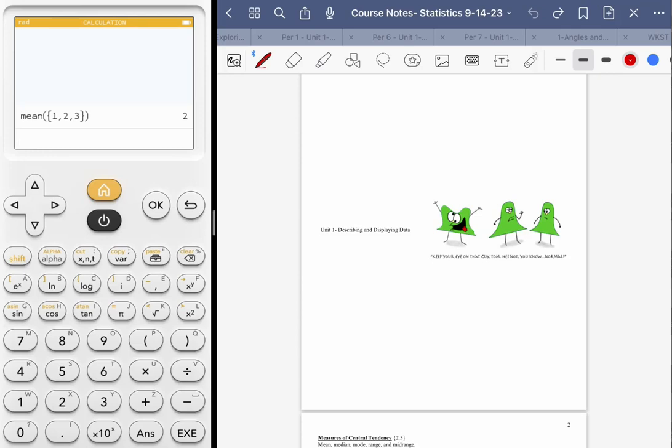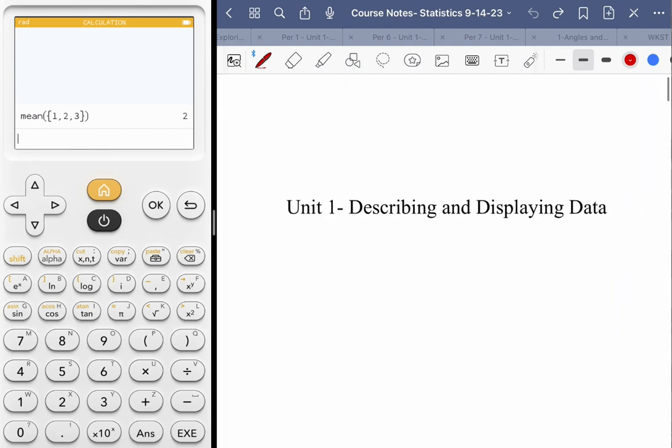All right, so we're starting off with descriptive statistics. The name of the unit is describing and displaying data, but it essentially falls back to descriptive statistics, descriptive describing, so there you go. But also displays. And what we want is the flexibility to use technology in the displaying part, right?